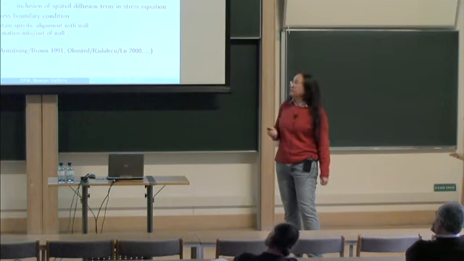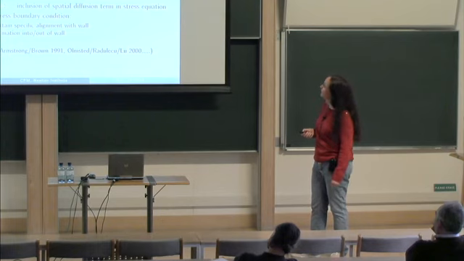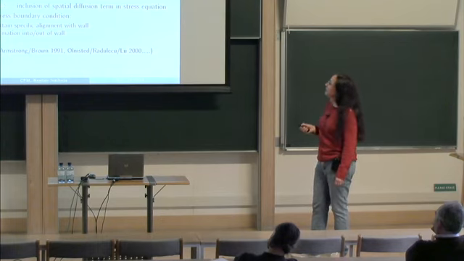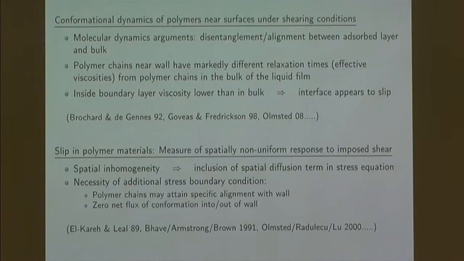Our chains in the experiments are possibly not long enough for that. There are also theories going back to Armstrong, Brown, and others very early on about the alignment of the chains near the substrate.